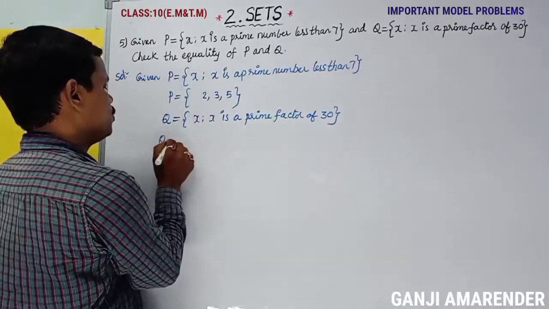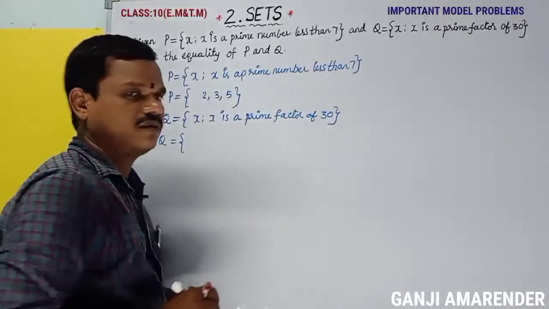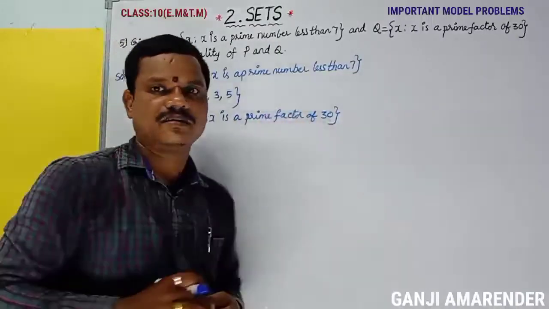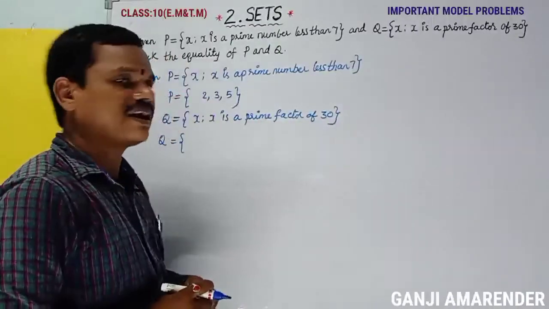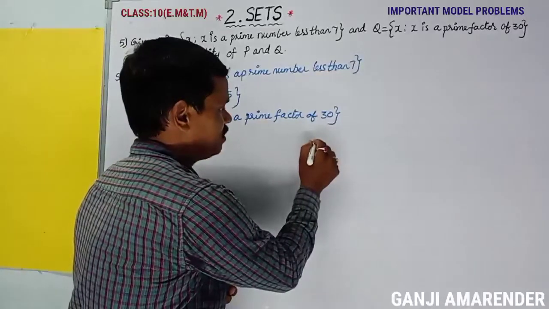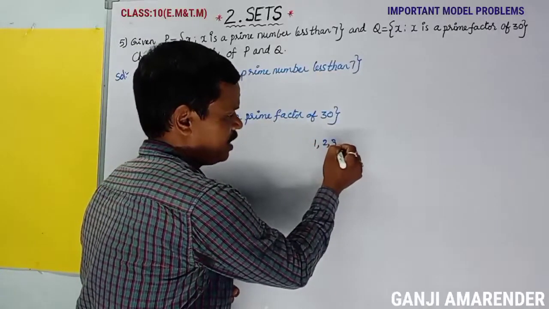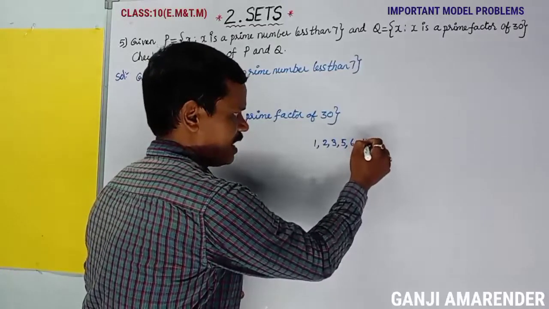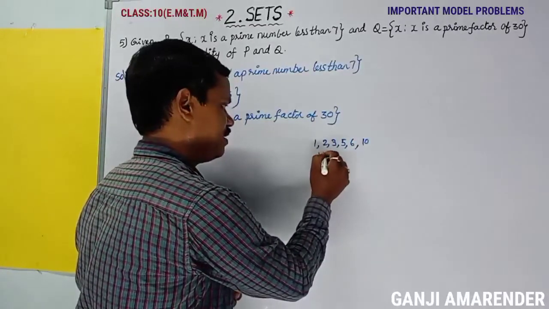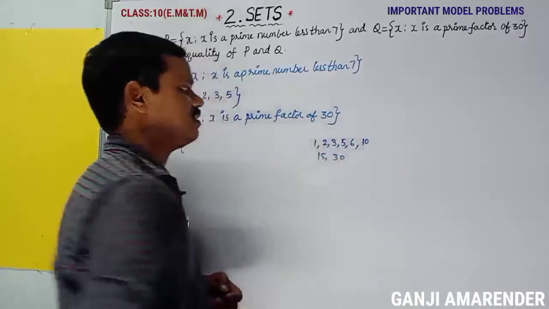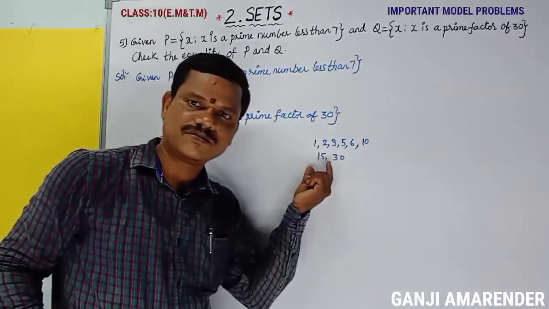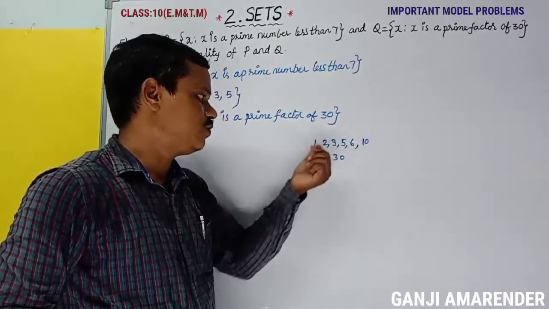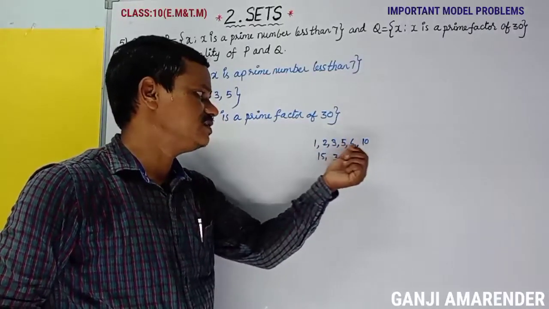Okay, what are the elements of the set Q? Prime factors of 30. Now what are the factors of 30? 1, 2, 3, 5, 6, 10, 15, 30. These are all factors of 30. 1 and 30, 2 and 15, 3 and 10, 5 and 6 are the pairs.